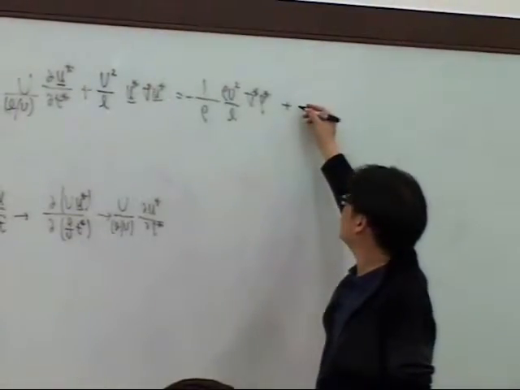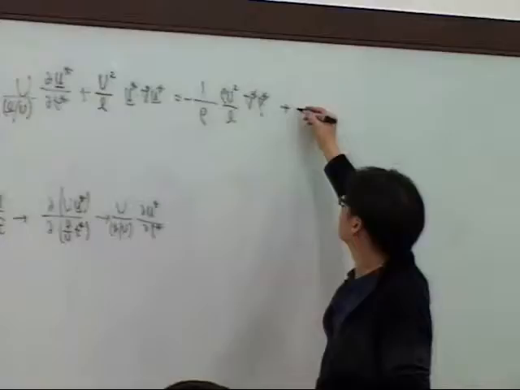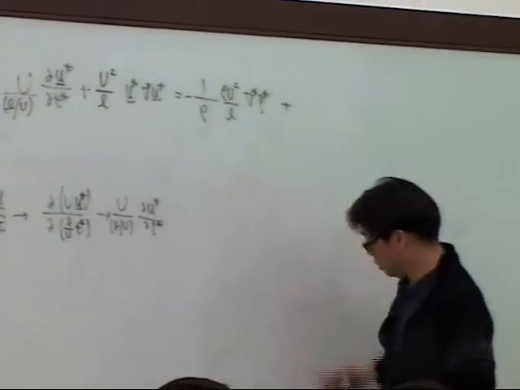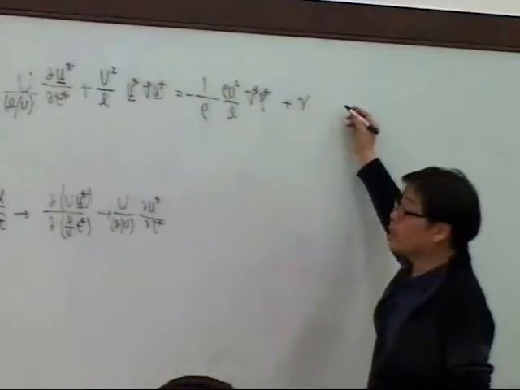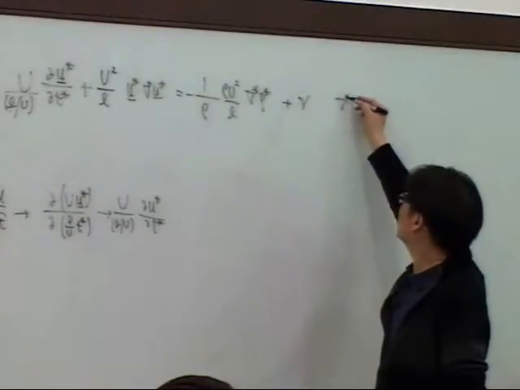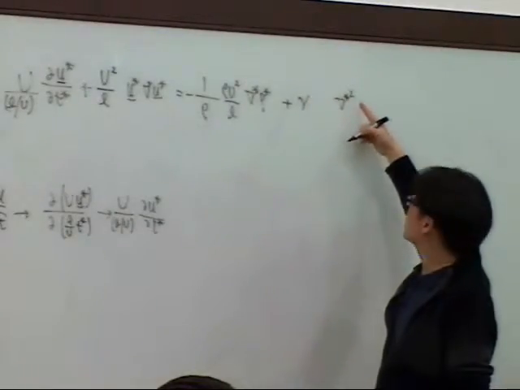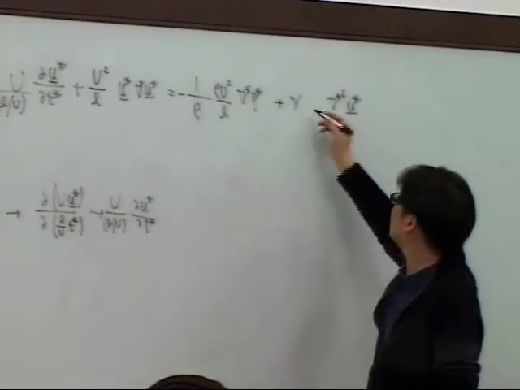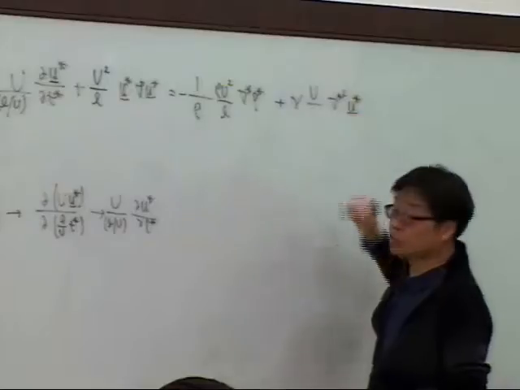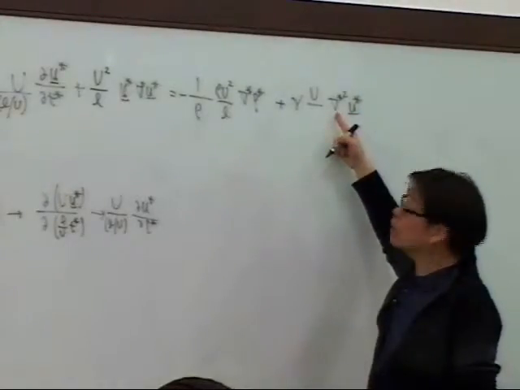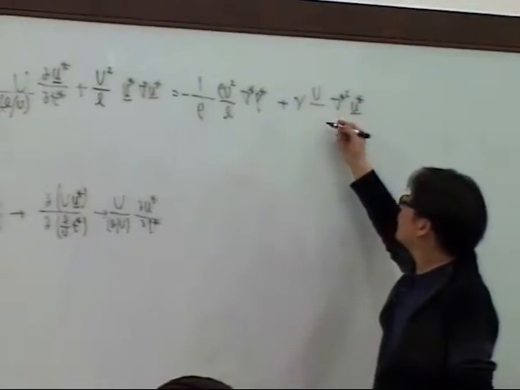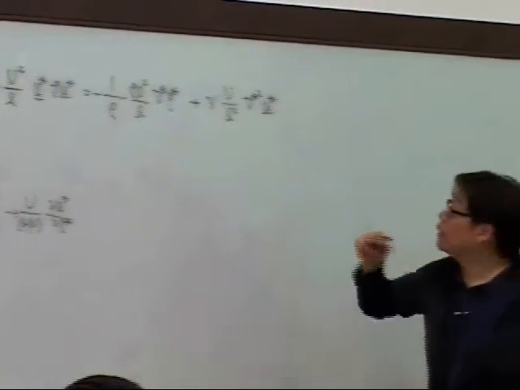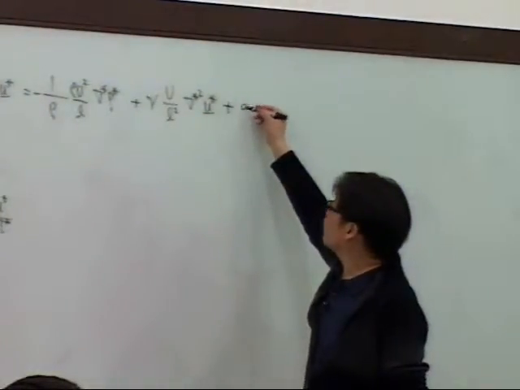And then I have nu here, and then I need delta star squared U star. So I need a capital U divided by L squared. Okay? And then I have a gravity G here.